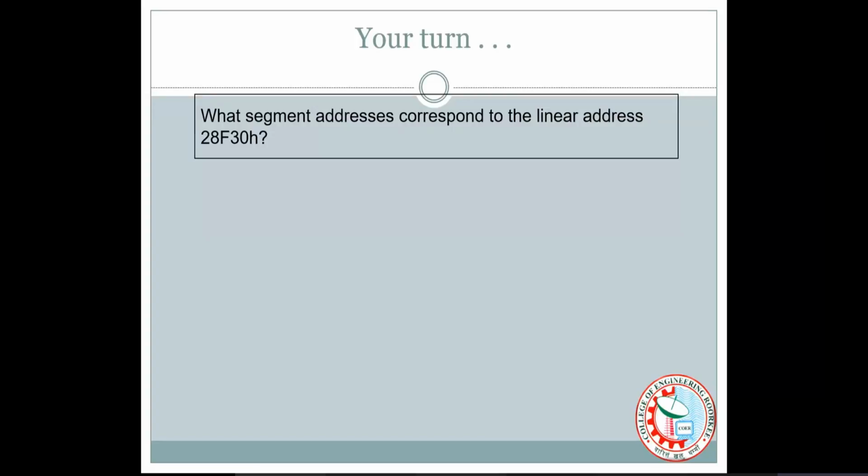Next question: what segment addresses correspond to the linear address 28F30? Try to understand the question.